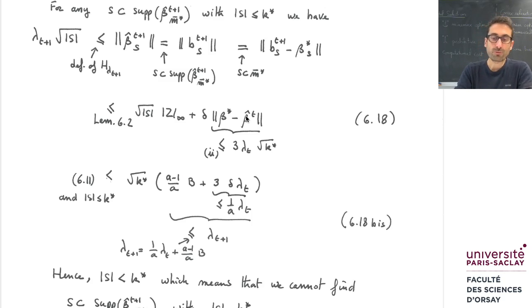And I will also apply, again as before, the result obtained at step t on this norm, right? So this is my induction property, which tells me that this is smaller than 3 lambda t square root k star.